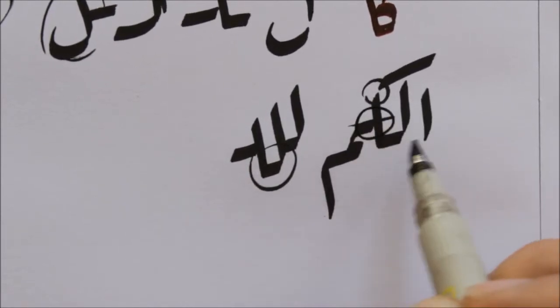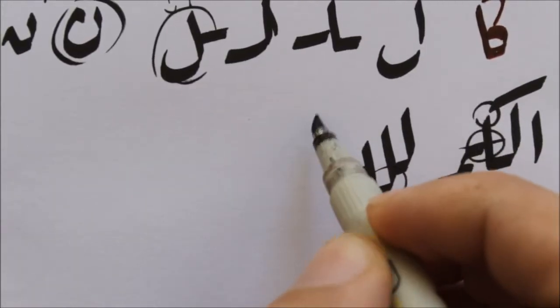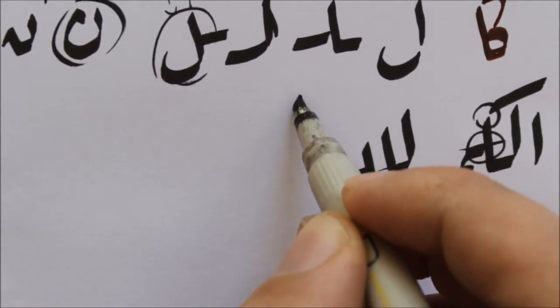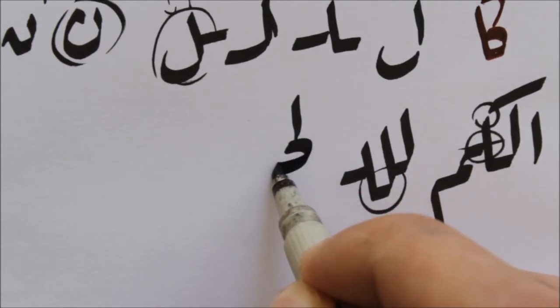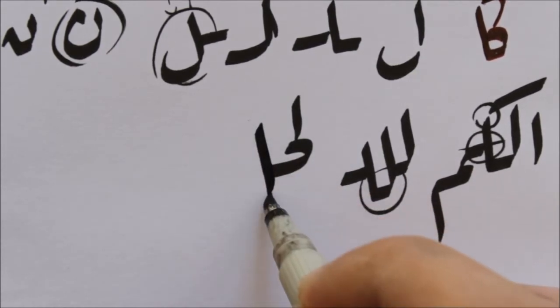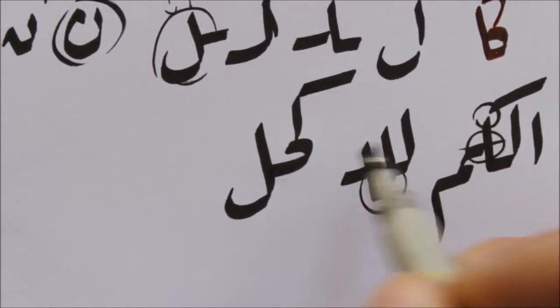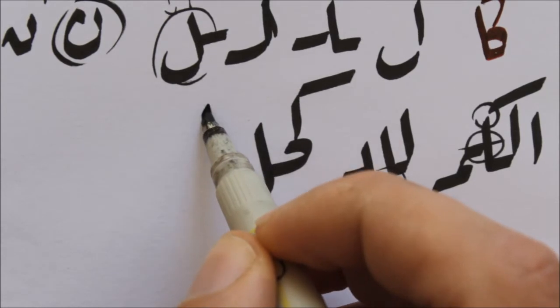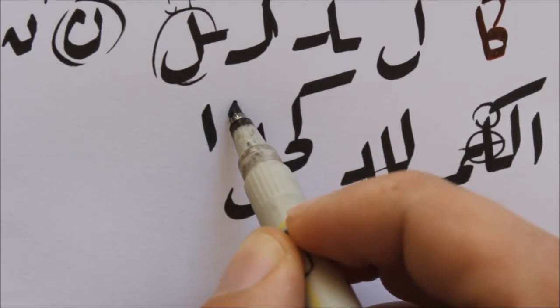But the thing that we need to focus on is how they connect afterward. So al-kuhl or kuhl. See how the Ha connects. Then the Lam comes here. Or al-kamal. That's right, al-kamal.